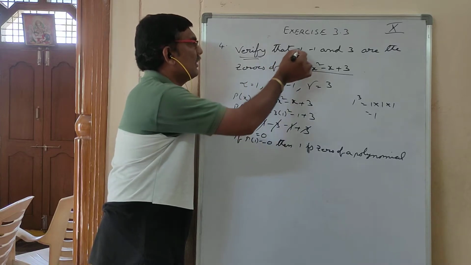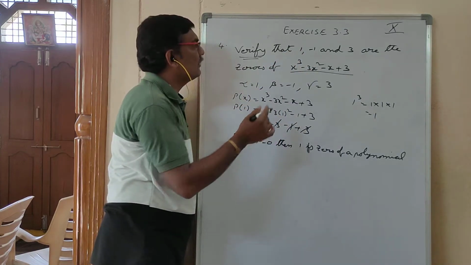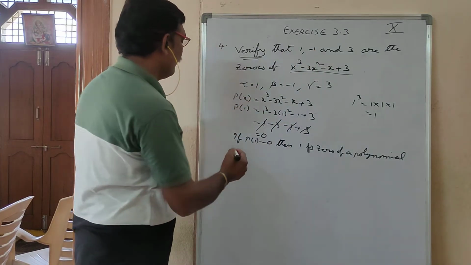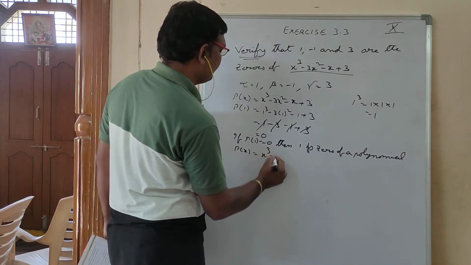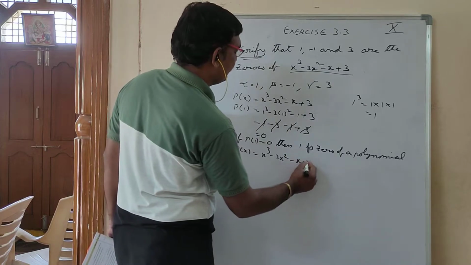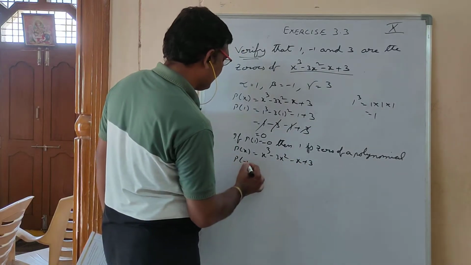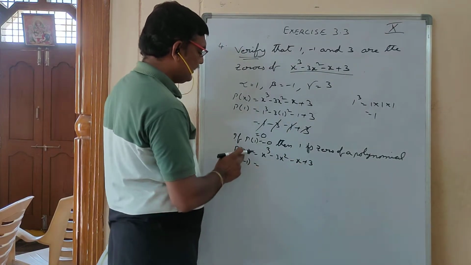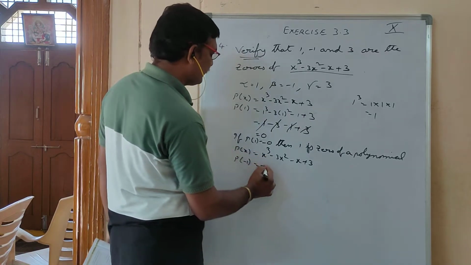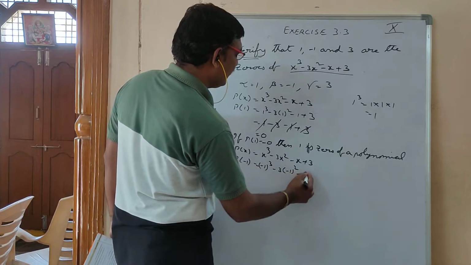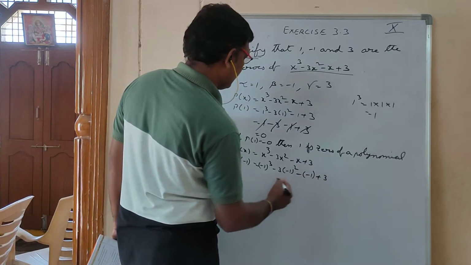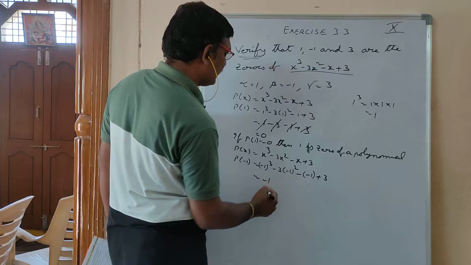For the zero 1, we substituted and got 0. Next, what do you have to do? You have to go for p of minus 1. Write p of x, and find the value of p of minus 1. Wherever x is there, you have to write minus 1: minus 1 whole cube minus 1 whole square plus 3. Minus 1 whole cube is minus 1.